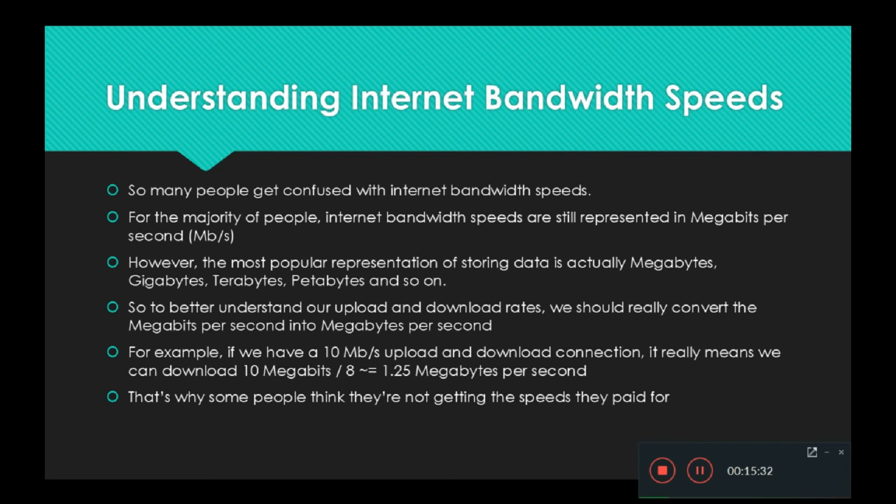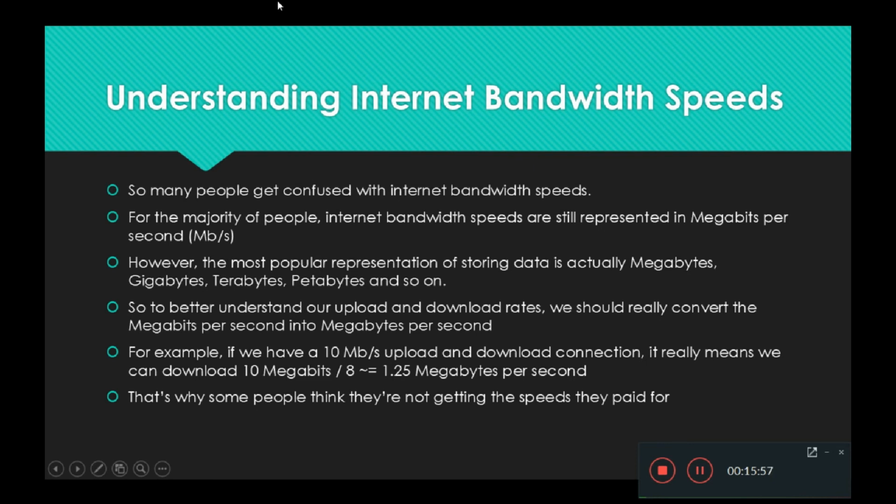We have speed as a different qualitative value compared to our actual storage on our computers, and that's why it becomes a little bit confusing. So it's better to understand our upload and download rates by really converting from bits into bytes.